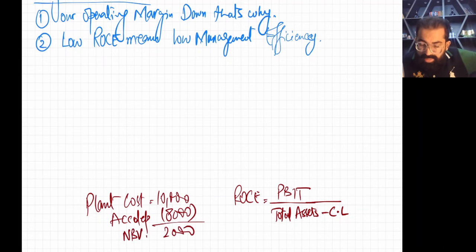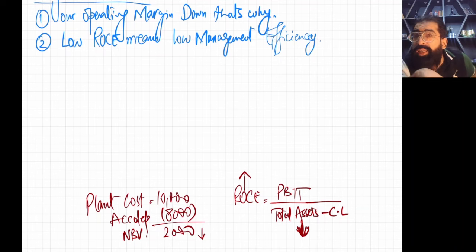Okay. NBV 2000. So just think, when your asset is extremely old, that means it has already depreciated a lot, so NBV is low. NBV means carrying value, and when your carrying value is low, your assets value is low, and when your assets value is low, your capital employed is low, so your ROCE must be higher.